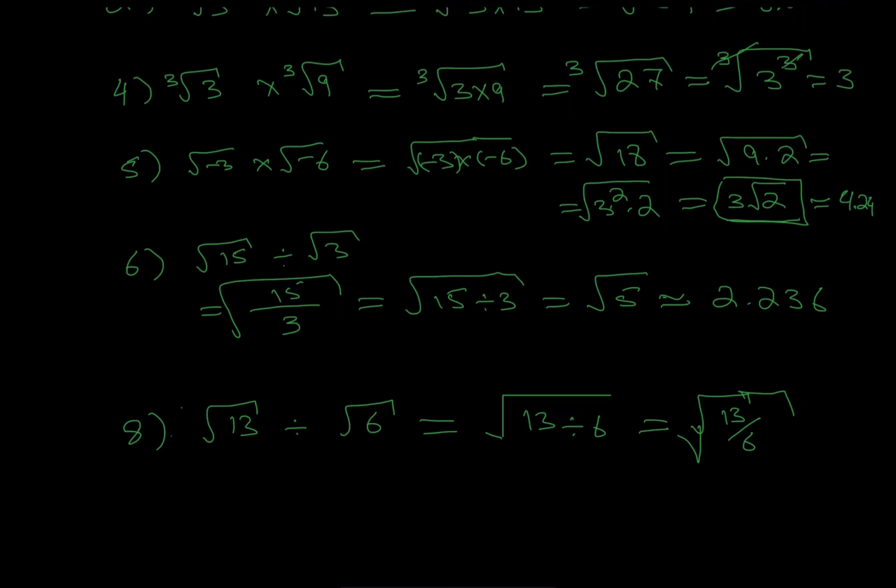The answer will be 2.16 repeated. If we put it like that, that will be your final answer. Or if you want to simplify it, you just plug this number in the calculator. It'll give you an approximation of 1.472.